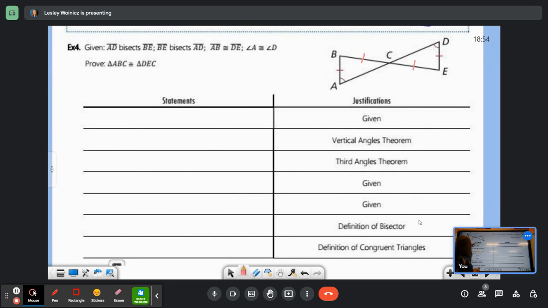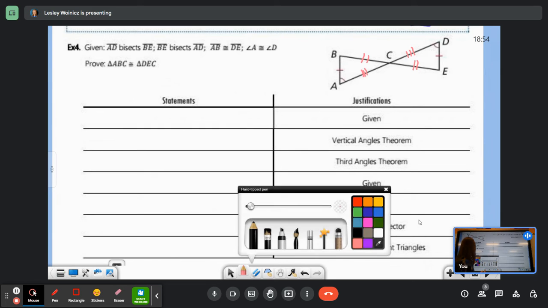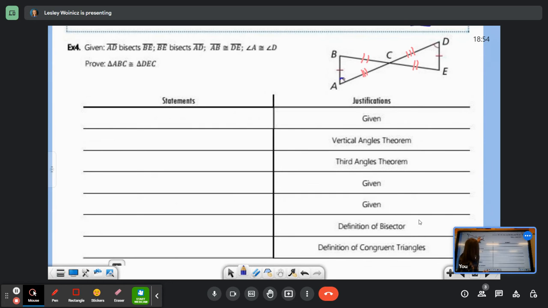BE bisects AD. Okay, we know that AB is congruent to DE. Okay, that was already on our picture. Ooh, I gotta change these ticks. Okay, these should get 3 and these should get 2 because one tick was already used. Sorry about that. Okay, angle A is congruent to angle D. They already marked that for us, but I'm gonna remark it.